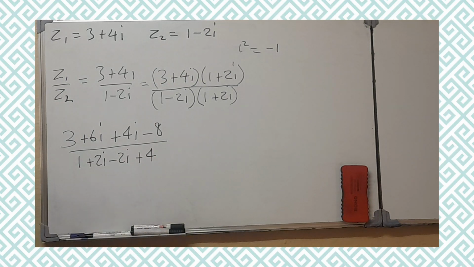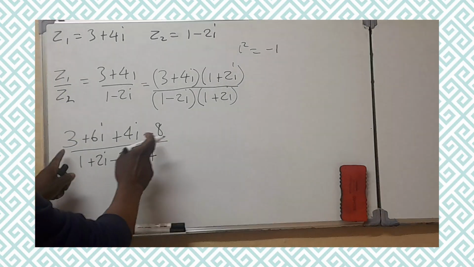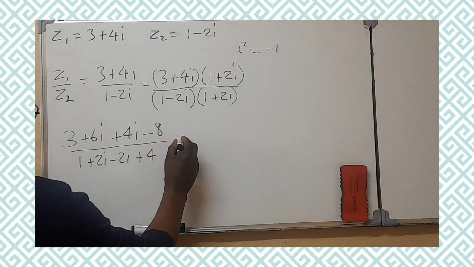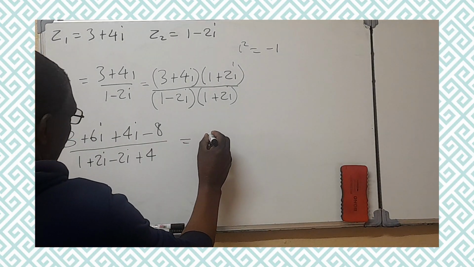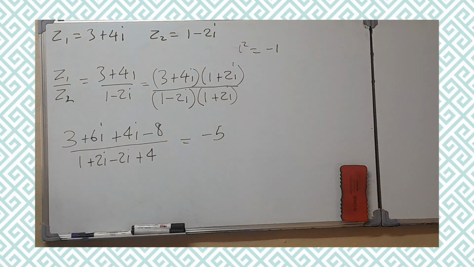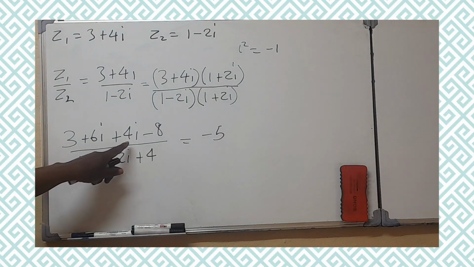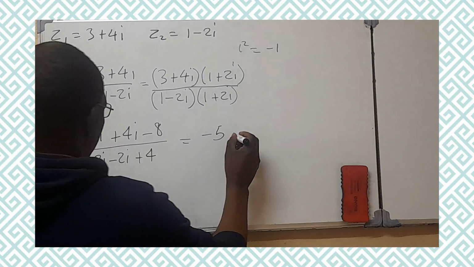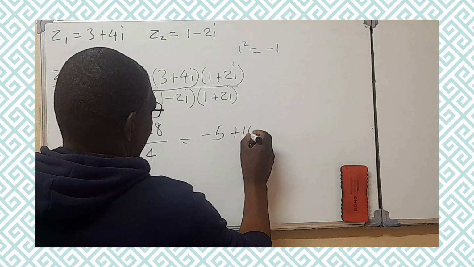Okay, plus 4. Simplify. 3 minus 8 is equal to minus 5. I hope I'm not blocking your view. 6i plus 4i gives me a 10i.